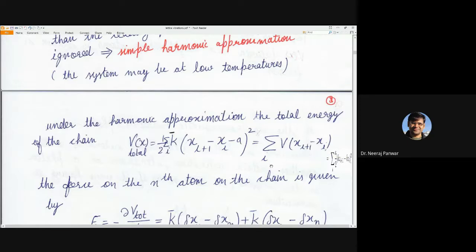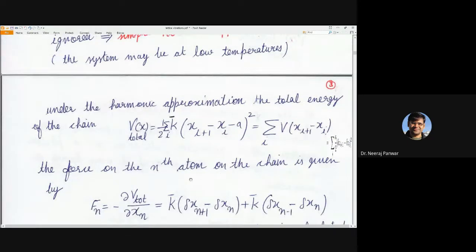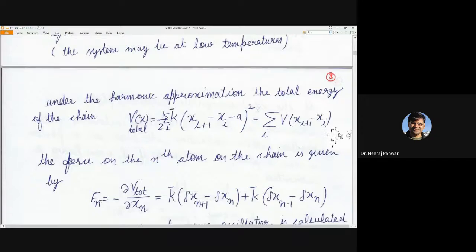If we calculate the force on any arbitrary nth atom, F is equal to minus the derivative of the total potential energy with respect to the position of the nth atom, and it would give us k bar (delta x_{n+1} - delta x_n) plus k bar (delta x_{n-1} - delta x_n).